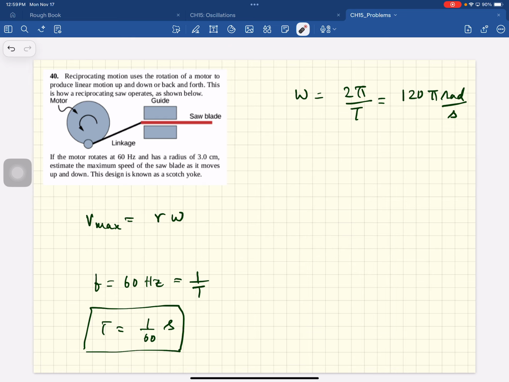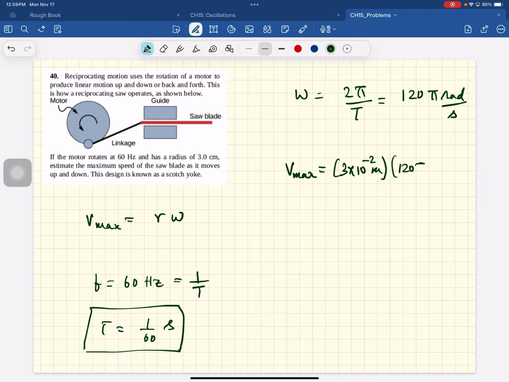So V max is R, which is 3 centimeters, 3 times 10 to the minus 2 meters, times 120 pi radians per second.